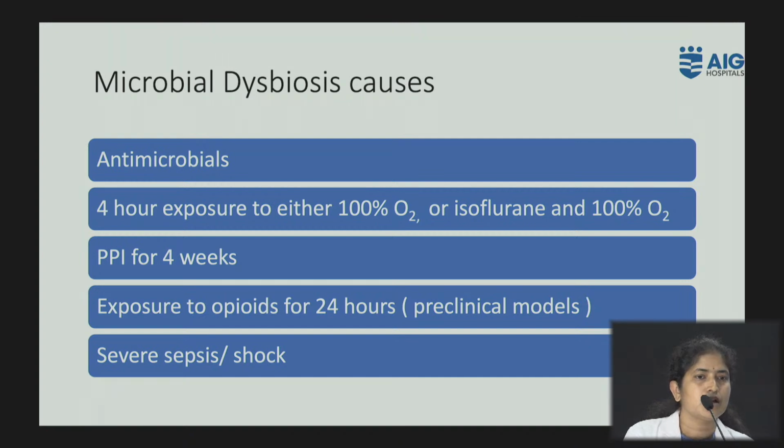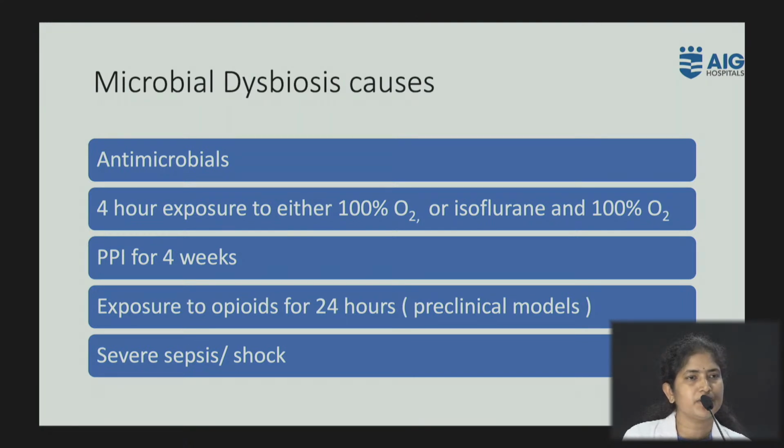And the second thing is the 4-hour exposure to either 100% oxygen or a combination of volatile anesthetic and 100% oxygen, which is decreasing the beneficial commensals that actually help us in producing the short chain fatty acids, especially the Clostridium species.